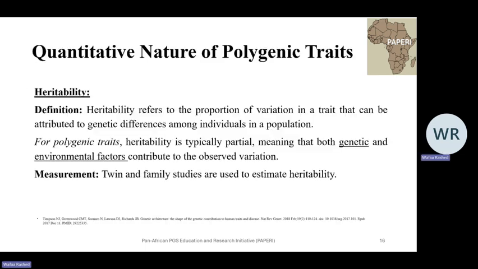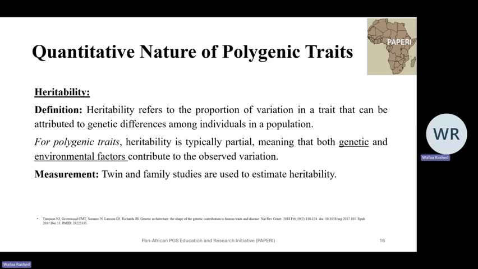Another point in the quantitative nature of polygenic traits is heritability. Heritability is measured between 0 and 1, and it refers to the proportion of variation in a trait that can be attributed to genetic differences among individuals in a population. For polygenic traits, heritability is typically partial. Even if we identified all genes that affect a certain polygenic trait, heritability plays a partial role.